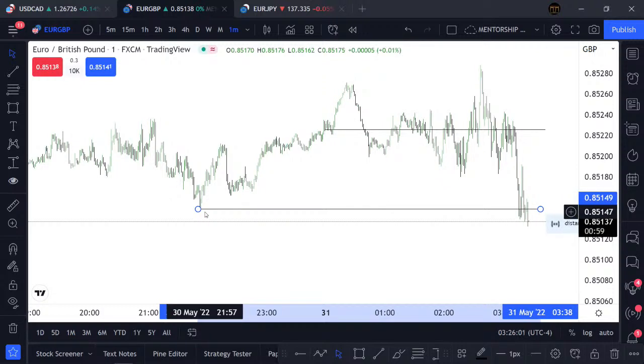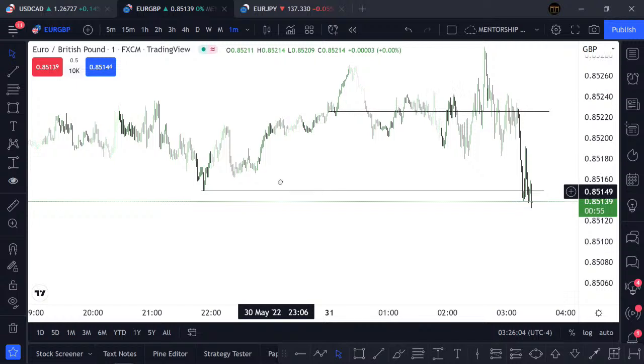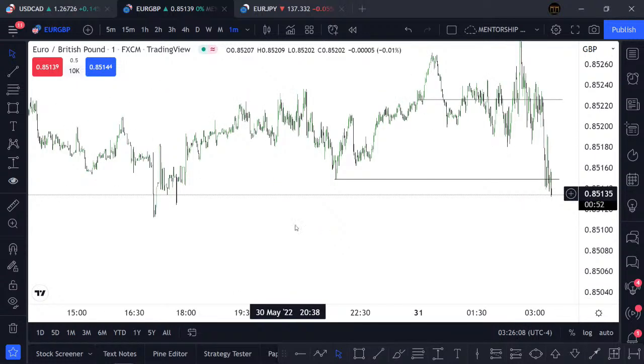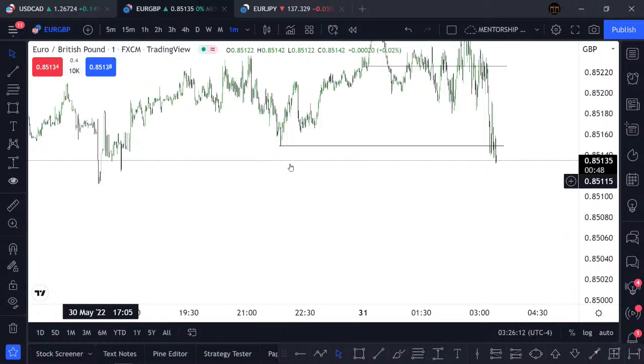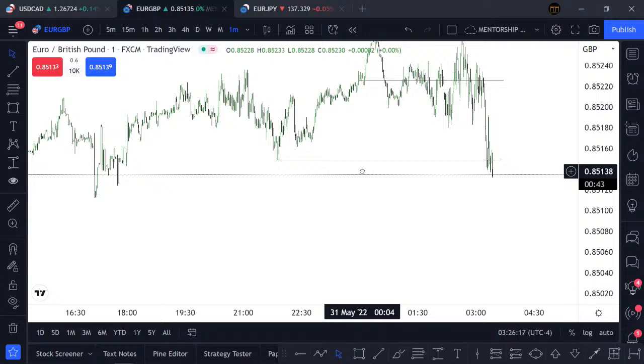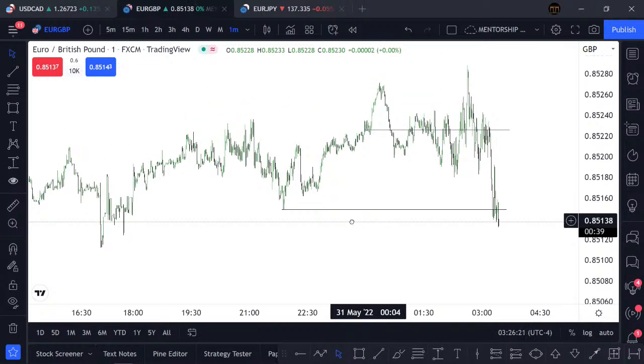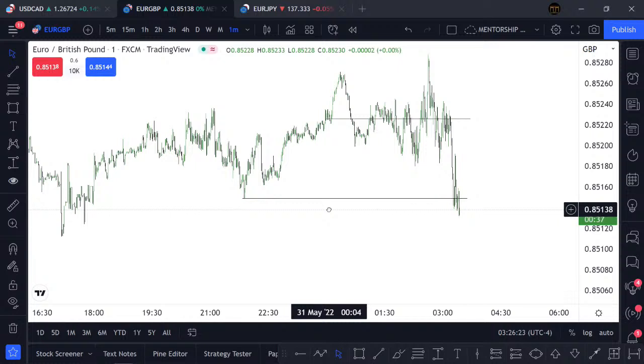So after this low, I'm looking for an institutional level below that low. Bring my Fibonacci and look for entries. Okay, so if the low is also taken, let me use this one here. I'm lagging.